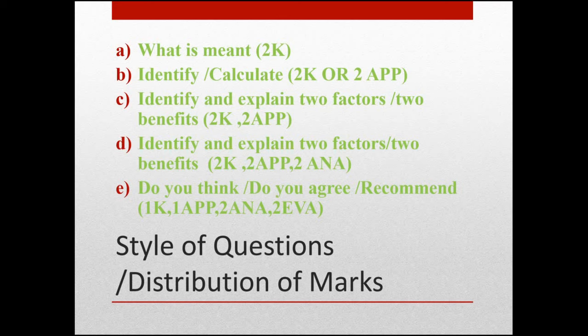Part E in paper 1 is always a question which will ask you about your opinion. Do you think, do you agree, recommend? This will be the question. So here they will test your knowledge, of course, your application, your analysis, and the most important one here is your evaluation. That's why you can see 2 marks for evaluation, 2 for analysis, and only 1 for application and 1 for knowledge.